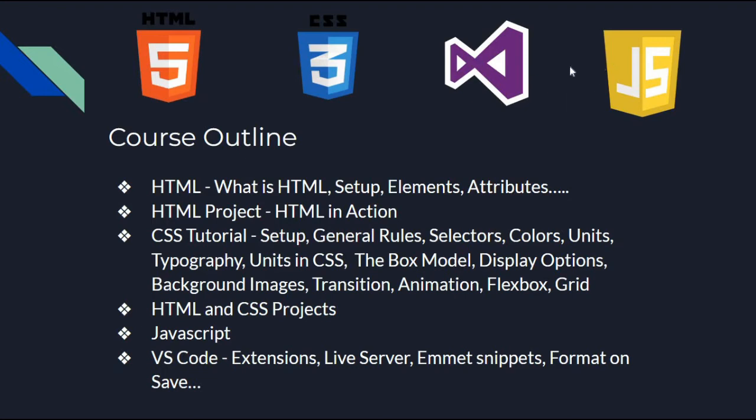We're going to be looking at HTML, then CSS3, the VS Code text editor, and JavaScript. So the first module is going to be about HTML setup, elements, attributes, etc. Then we'll move into our second module, which is the HTML project.